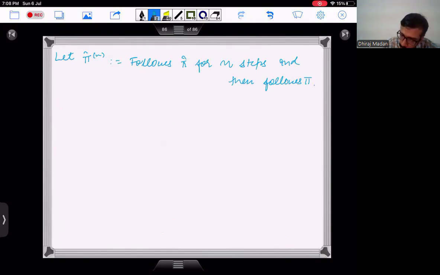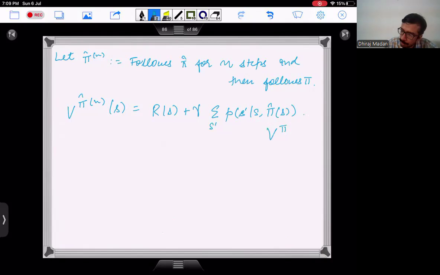Okay, so this satisfies the equation that v pi hat n of s is nothing but r of s plus gamma times the sum over s prime of p of s prime given s comma pi hat s. Firstly, we are going to pick pi hat s. And now we have the value function where pi hat is followed for the first n minus 1 steps and later pi is followed, and that is v pi hat n minus 1 of s prime.